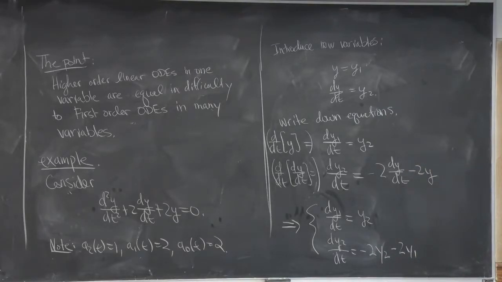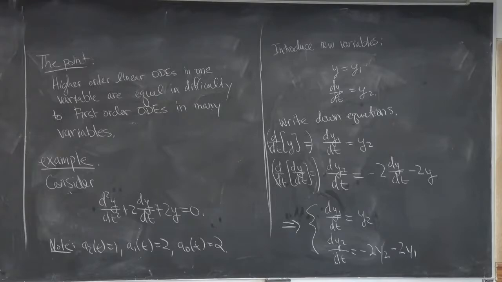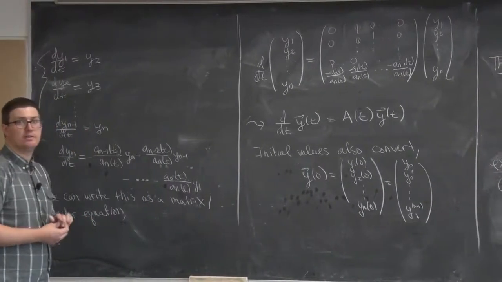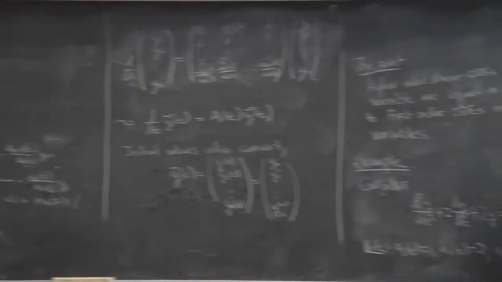Do you guys see that? Okay, and so these are those negative coefficients we had here, right? These are these minus signs that are appearing. All right? And now we can write this as a matrix equation.